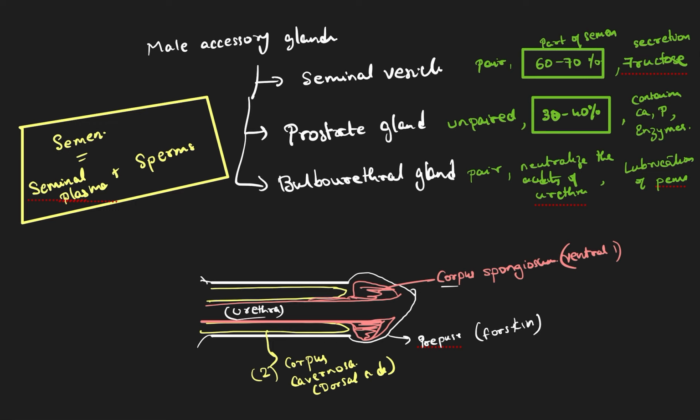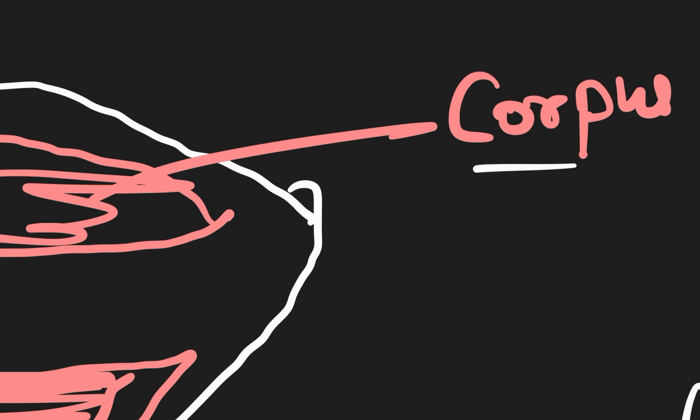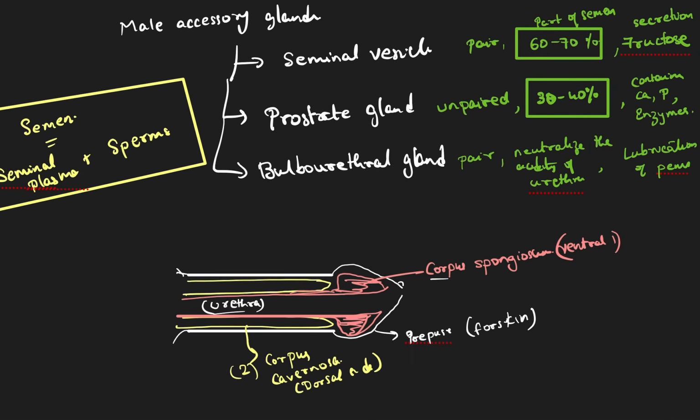In front you have an opening from where the sperms are going to come out, which is known as the urethral meatus.